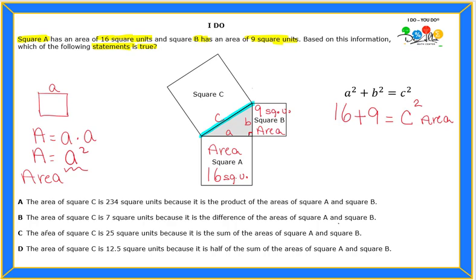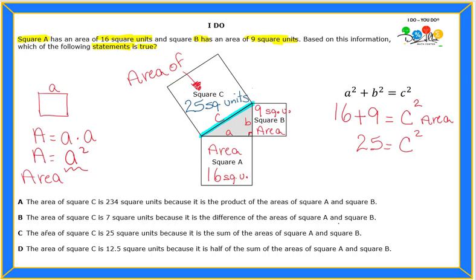So if you add 16 plus 9, it gives me what? 25, and that will be C squared. So if you translate that, it basically means that the area of square C has to be 25 square units. Is that right? Okay, so keep this in mind because you are going to see it. This is the actual model for this one.